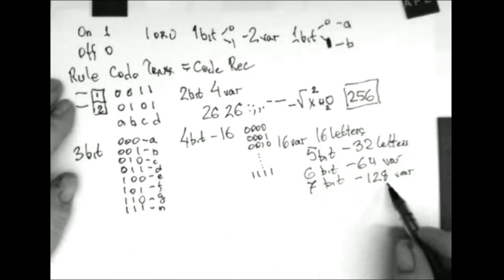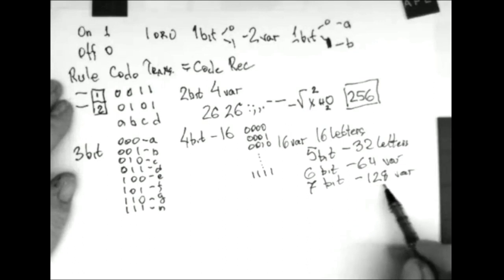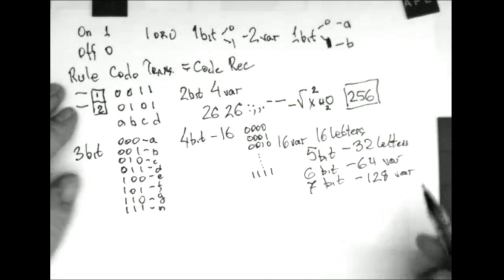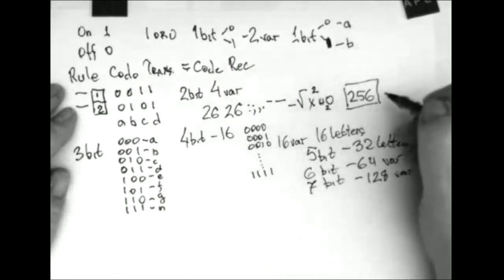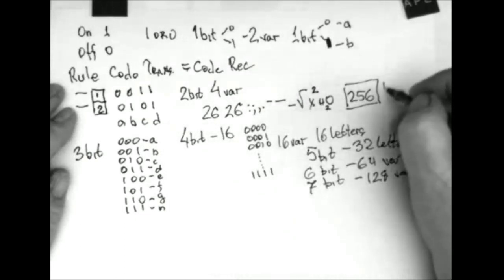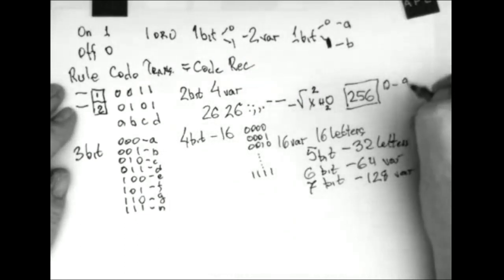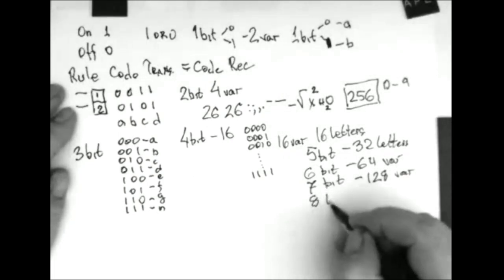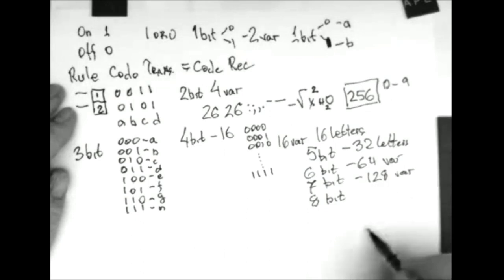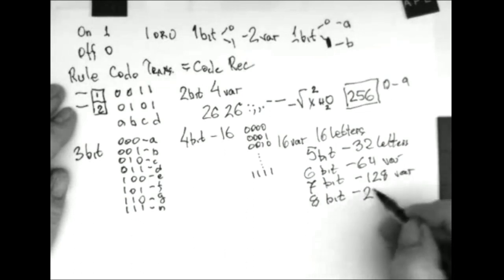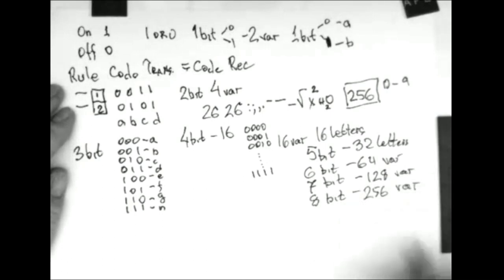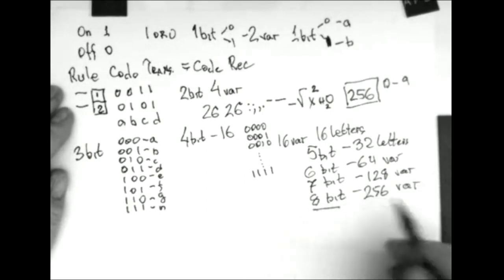That is already a lot, so I can encode 128 alphabetical symbols. Oh, by the way, I forgot numbers here. Numbers 0 to 9. Okay? 7-bit, 8-bit, double 128, that will be 256. 256 variations in this code, 8-bit.